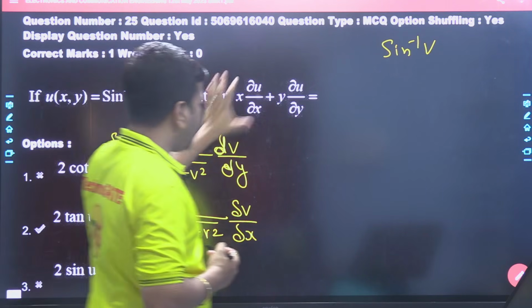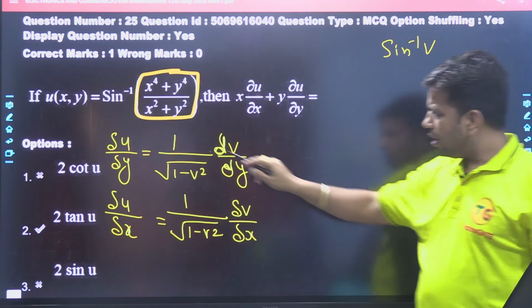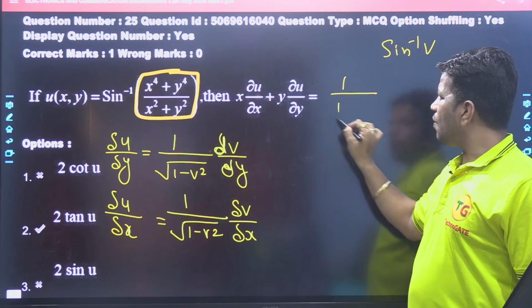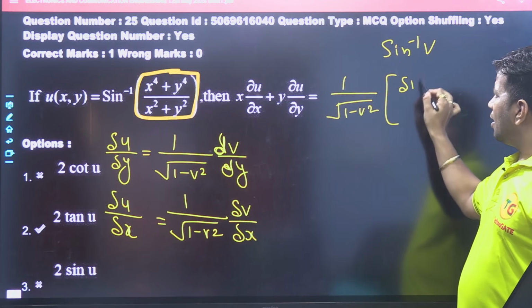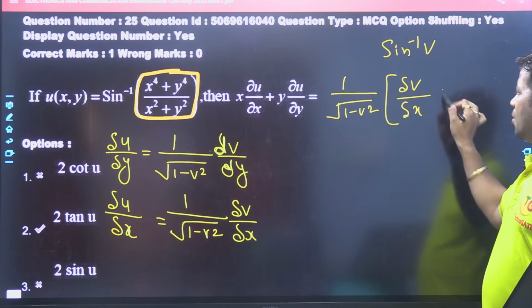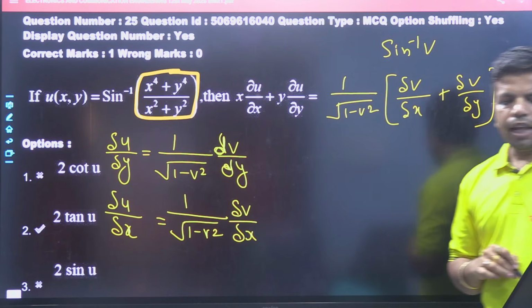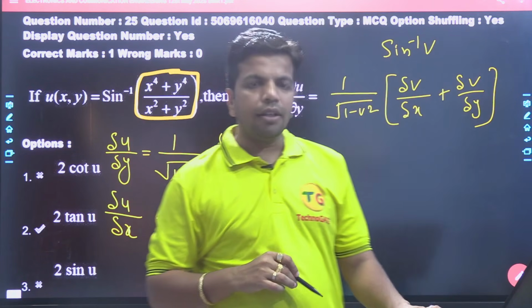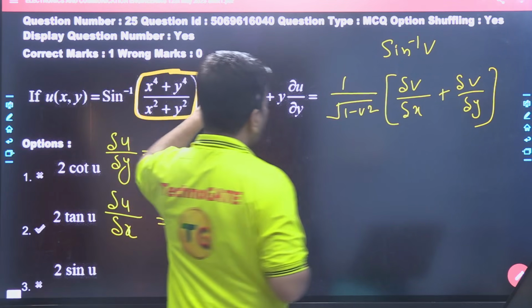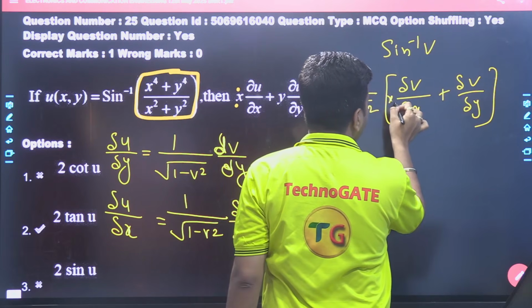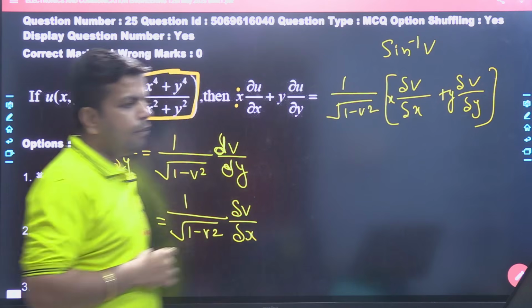Now if you put that value in this particular equation, this is equal to 1 by square root of 1 minus v square common, inside that del v by del x plus del v by del y. Now you can see here the multiplication of x, so here you need to multiply by x. Here is multiplication of y, so you need to multiply this equation by y.